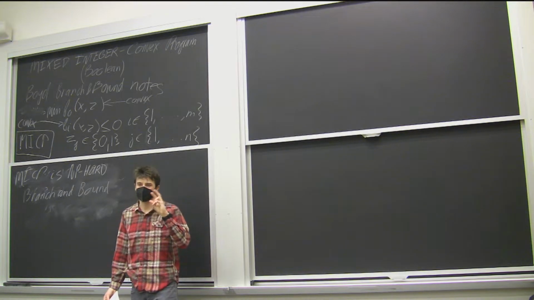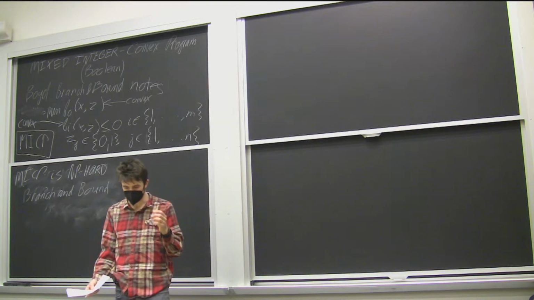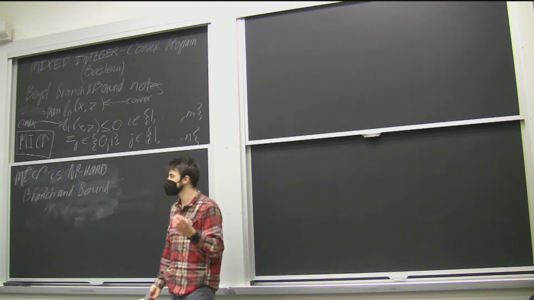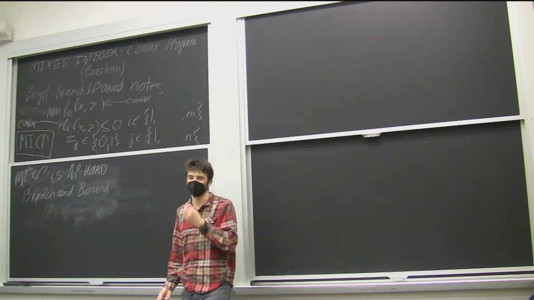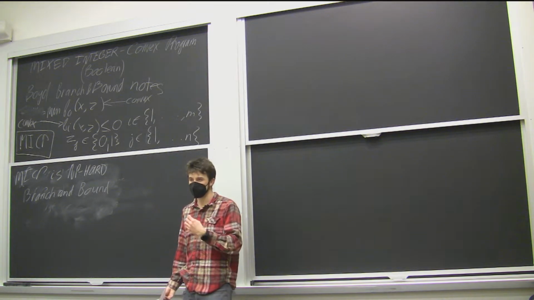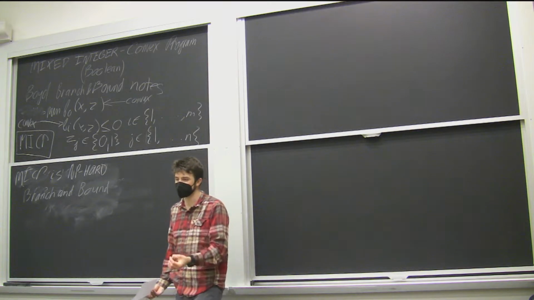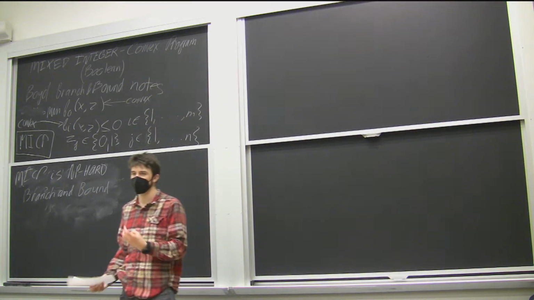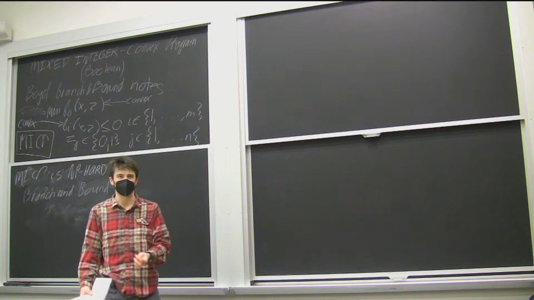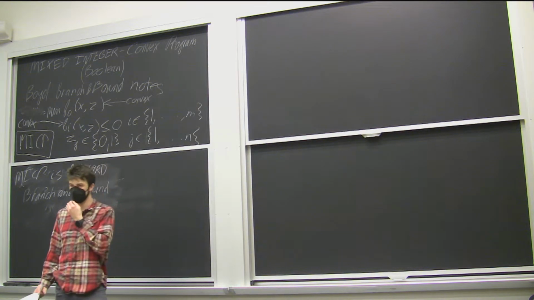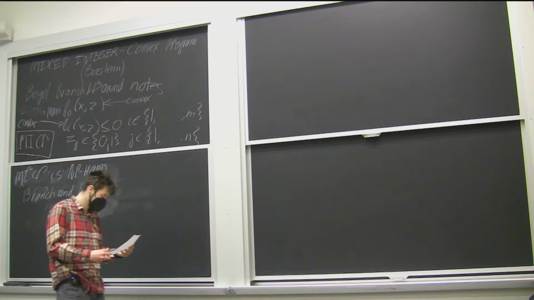First, if you're going to use MICP solvers, you should know a little bit about how they work for practical purposes. And it's also a great example of how you can use convex programming, and the fact that we can solve convex programs very quickly, to help you solve some very interesting problems.